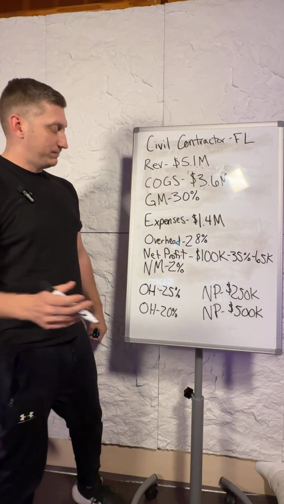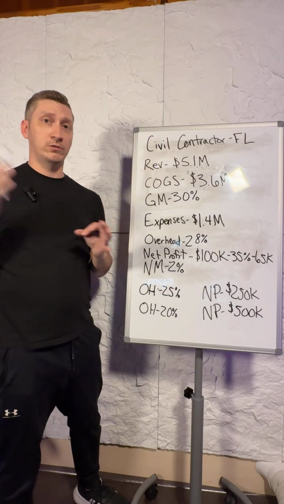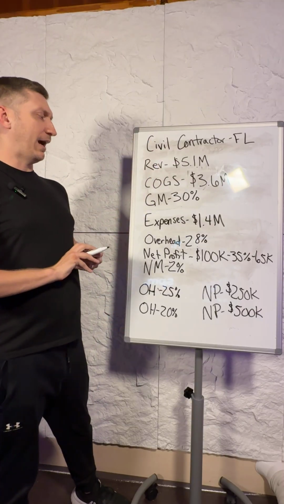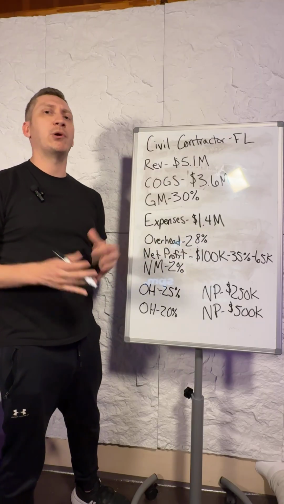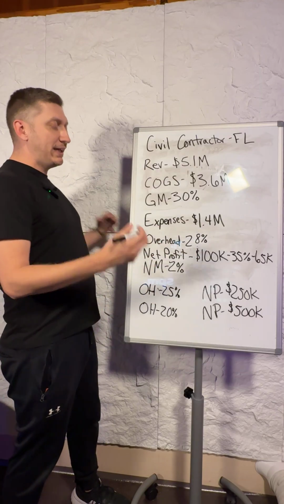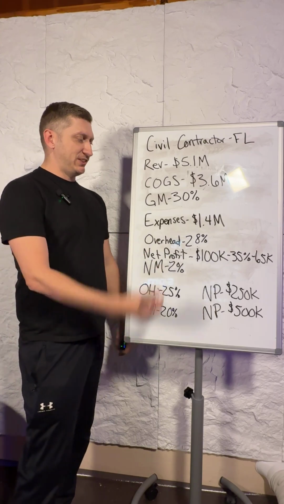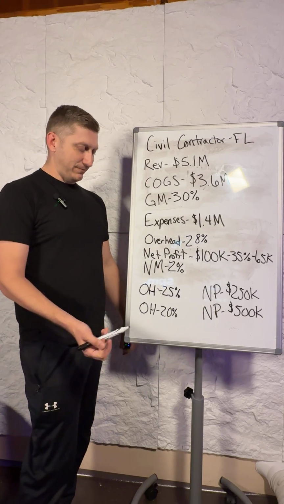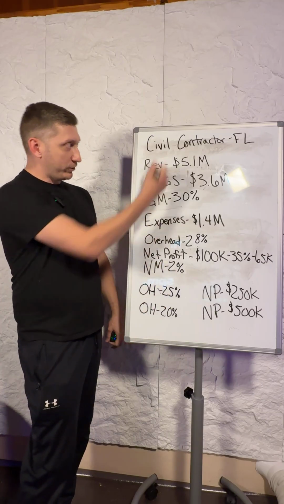The struggle is when you look at this number on this high level, not granular view, I don't know why my expenses are 1.4 million. It's not broken out in any way that makes any sense. If you go dig into your P&L, you might be able to figure it out. But again, these are the conversations we have every day. I just want to see people be more efficient. You have all this money coming in.